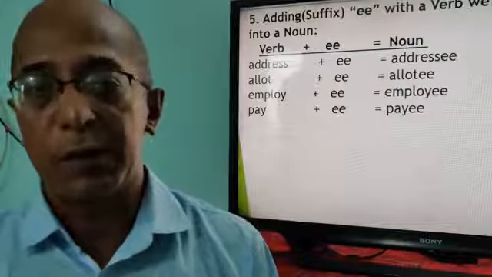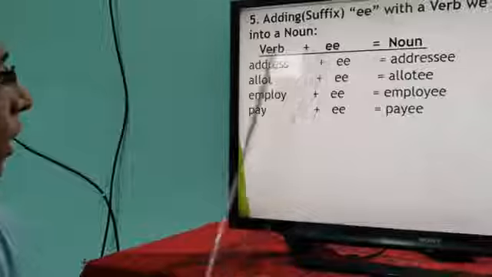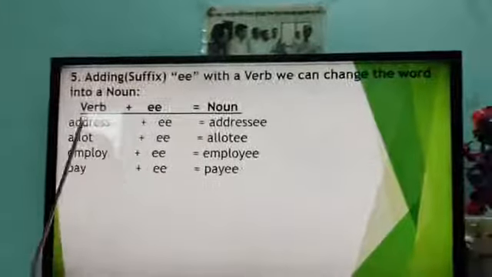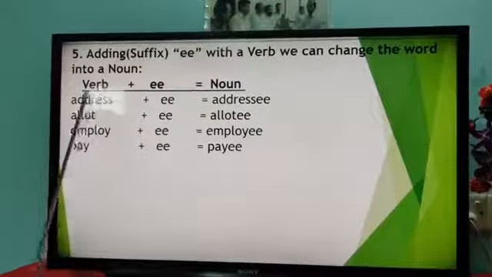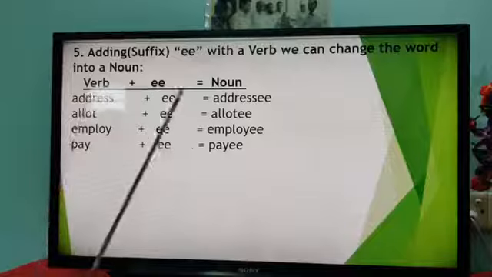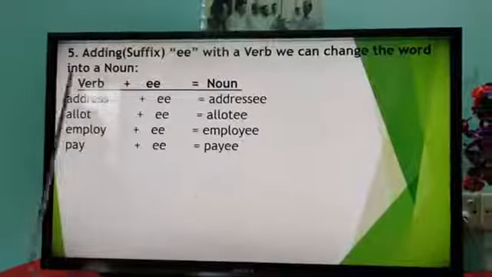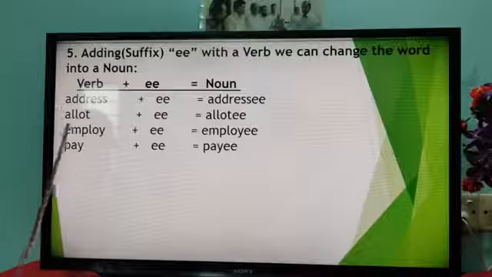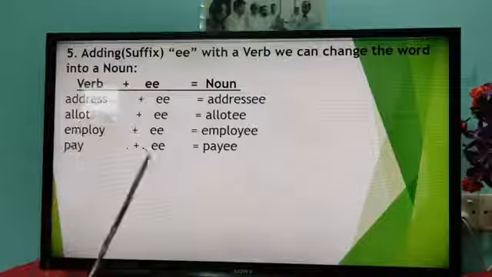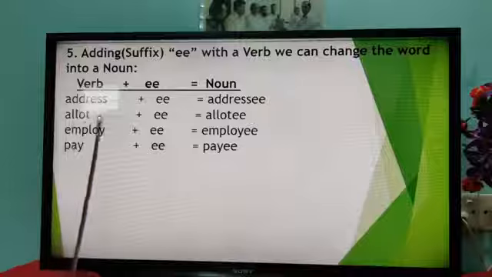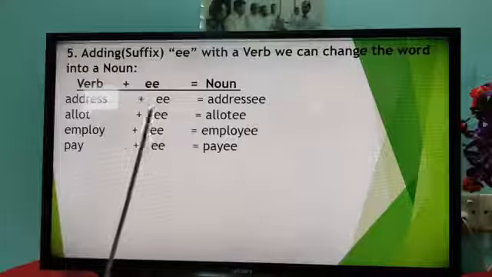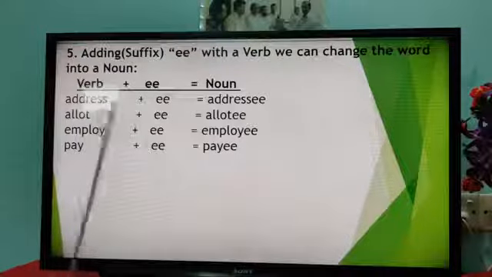Suppose addressee: address is not available everywhere, so you need to put addressee, making it a noun. Allot is a verb, but you do not put allot everywhere, then ee is added with allot, then allotee.